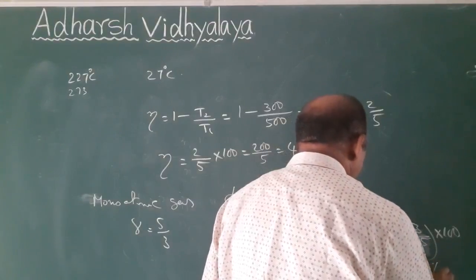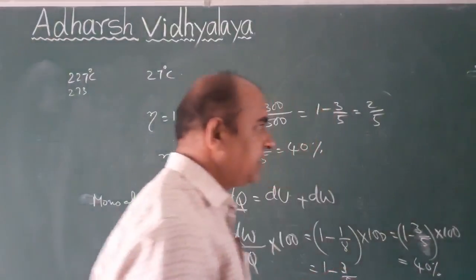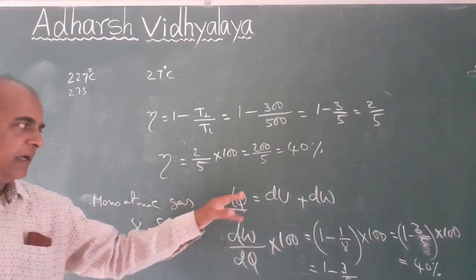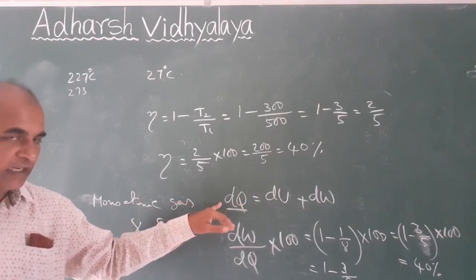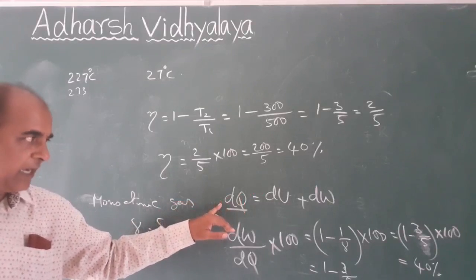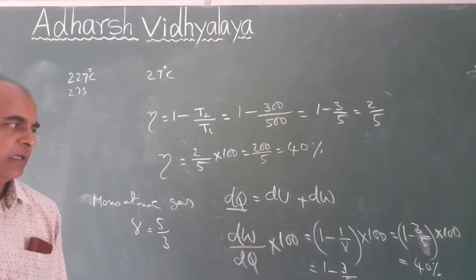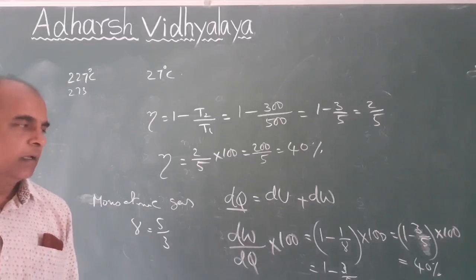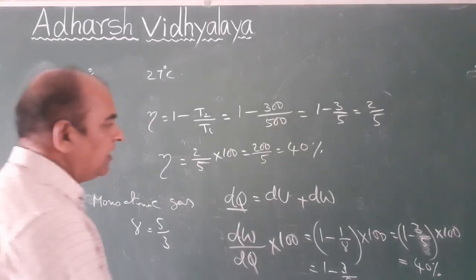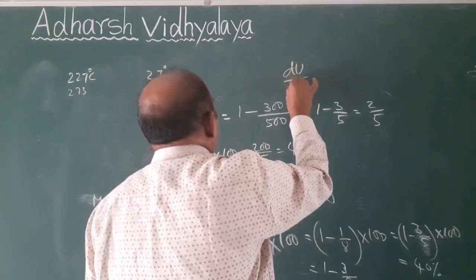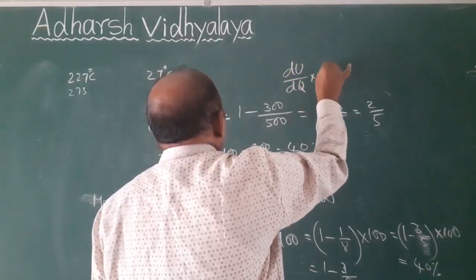So 40%. The percentage of energy supplied that is utilized for work done is 40%. And the percentage of energy increased in its internal energy, how much? dU by dQ into 100, how much?